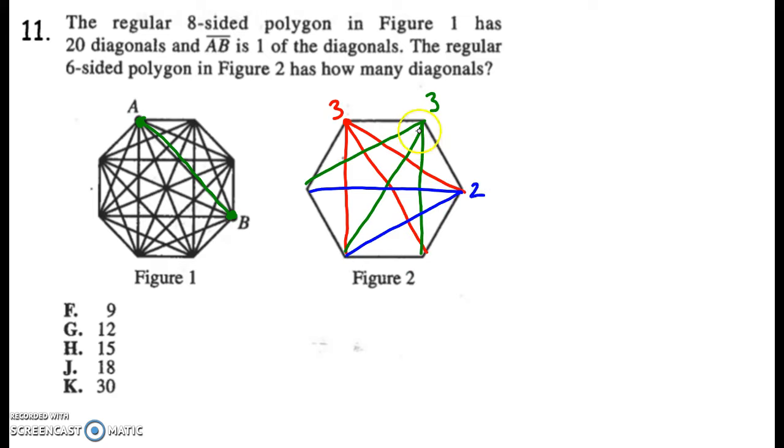From this angle, I have 1, 2 drawn in, so I can create 1 more. And this one already has 1, 2, and 3 diagonals drawn in. So 3 plus 3 is 6, plus 2 is 8, plus 1 is 9. Letter choice F.